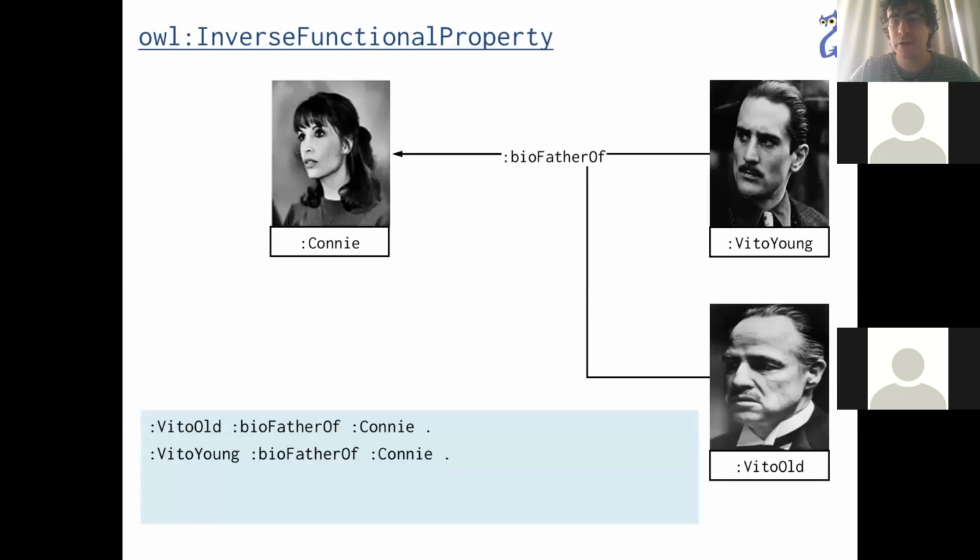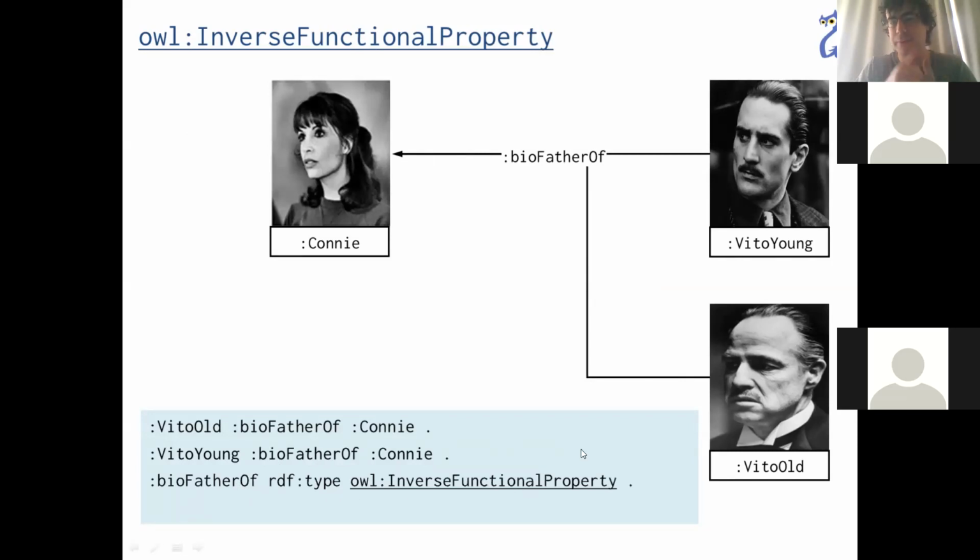Inverse functional property works in a similar way, but flipped: we flip the direction of the relation. It's a very similar example, just with the direction of the relation flipped. In this case, we can say biological father of is of type inverse functional property.